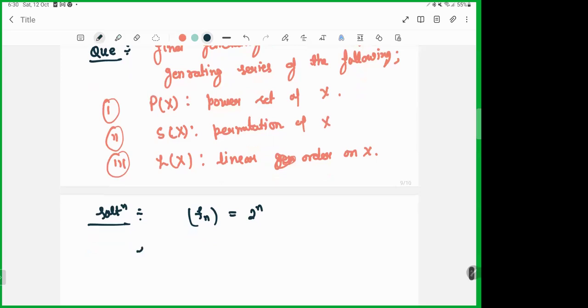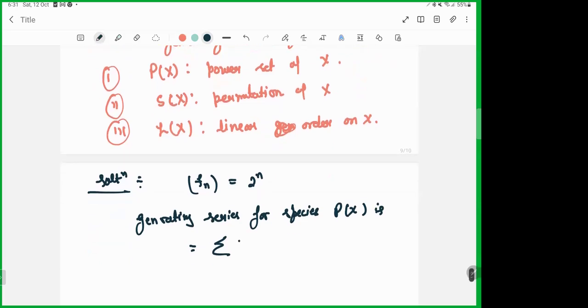So what is this series basically? We have the generating series for the species P(X), which equals the summation of 2^n x^n by n factorial. This is the summation for n greater than or equal to 0 of (2x)^n by n factorial.